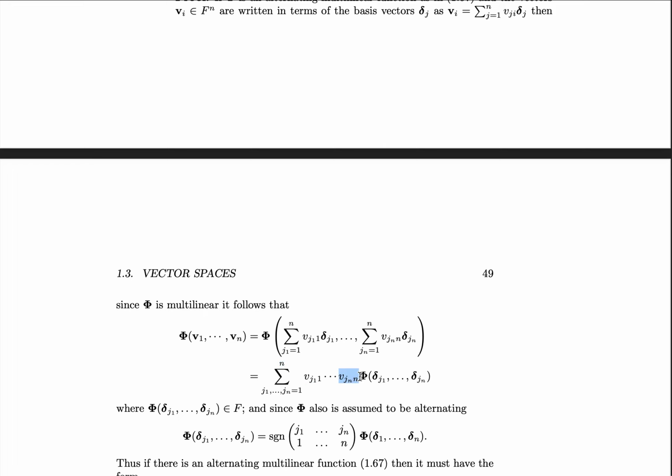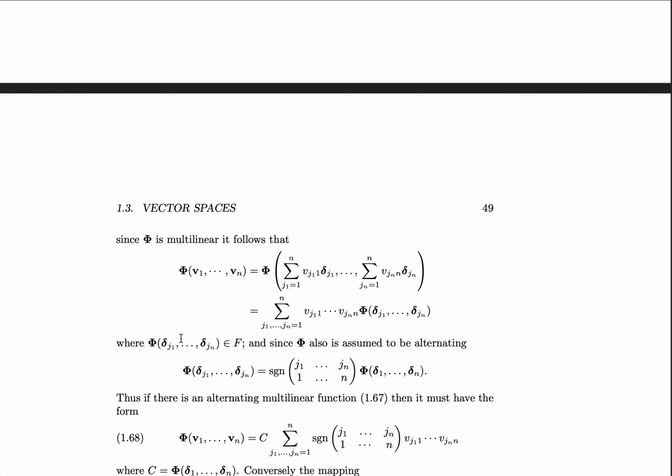Namely, this is the sum from j_1 up to j_n equal to 1 up to n of v_{j1,1} up to v_{jn,n}, where we note that the second index on each of the v's is which element in your list of v_1 up to v_n you're considering. So for instance, for v_1, we have v_{j1,1}, and so on up to n.